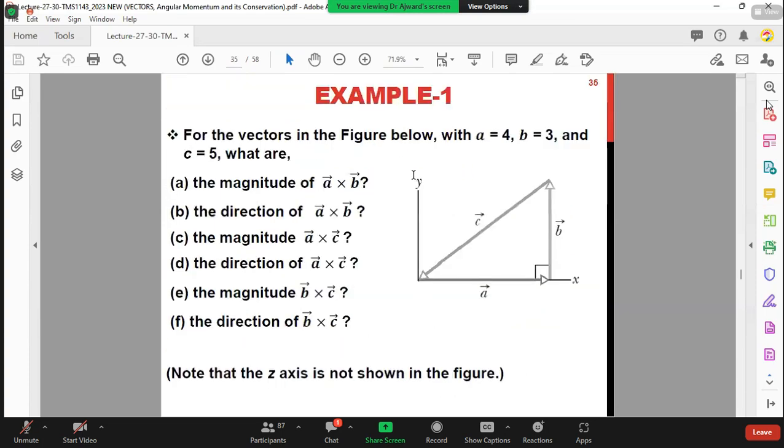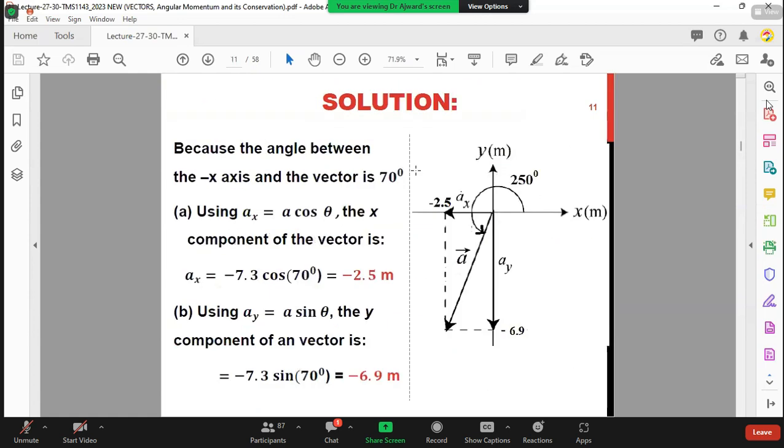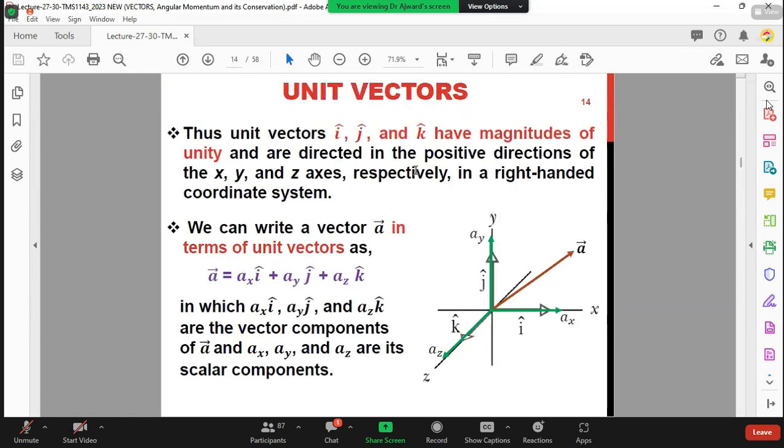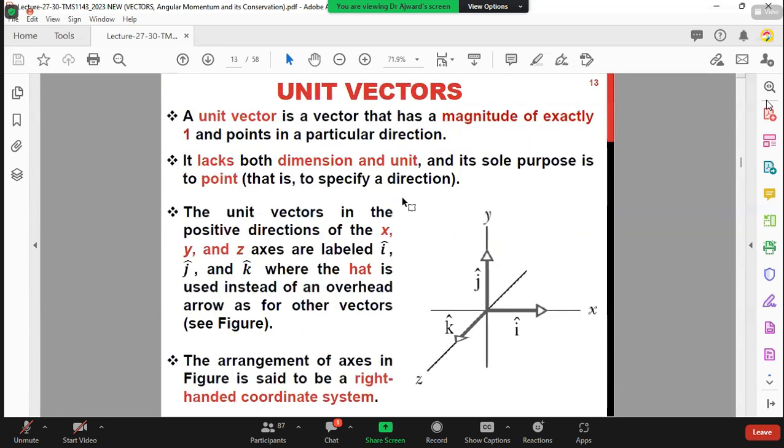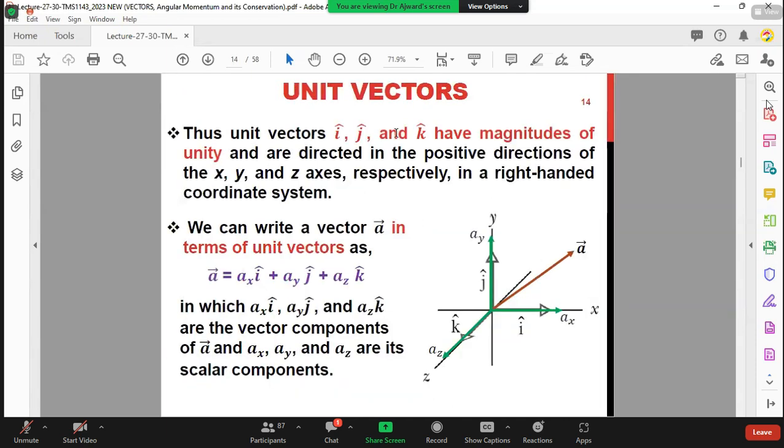So up to now, if you have any questions about the things we did, maybe in the unit vectors, this slide got skipped, no? Yeah, I think this slide got skipped somehow. As I told, a vector A can be represented in terms of unit vectors.